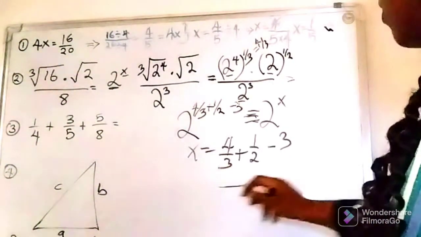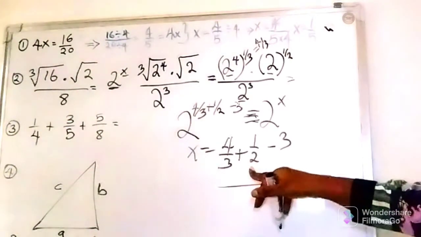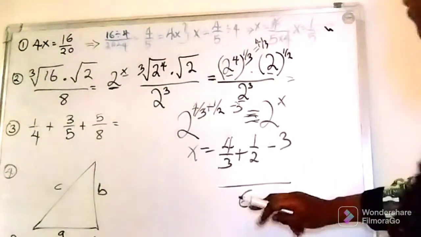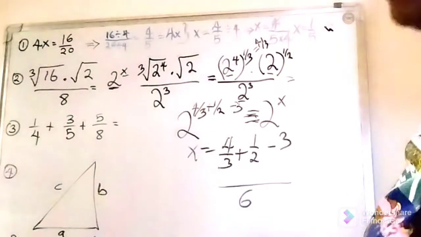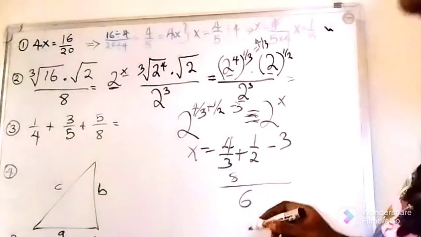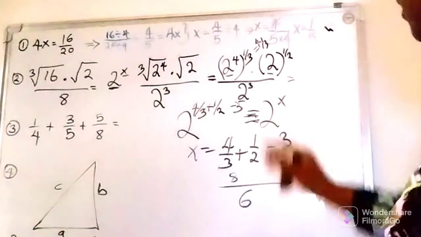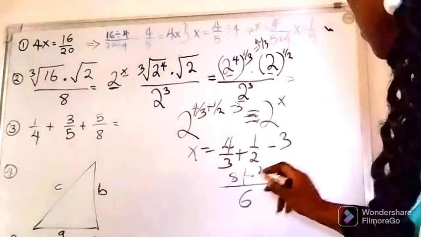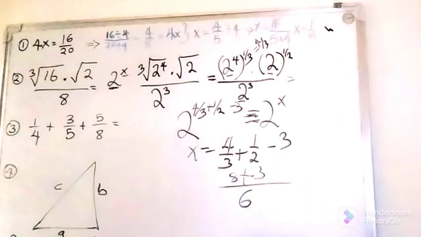So let's choose a common denominator, which is the LCM of 3 and 2, which is 6. So 6 divided by 3 gives us 2 times 4, that's 8. 6 divided by 2 gives us 3 times 1, gives us 3. So we'll write 3 here.